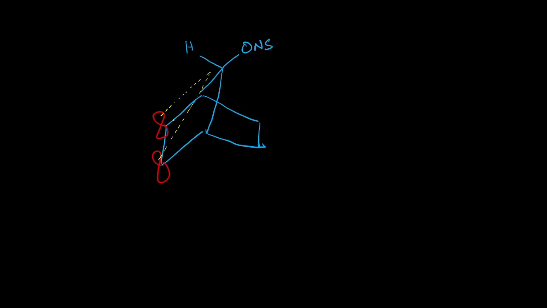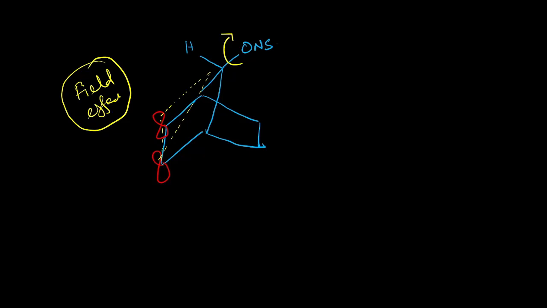Okay, and due to the polarization, it is easier for the leaving group to be eliminated from the system. This is known as field effect, where polarization takes place through space, not by any bond.